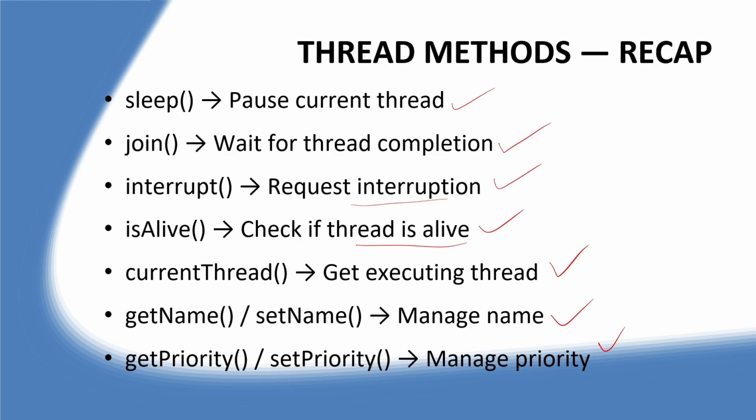Now we know how to create threads, understand their life cycle, and control their behavior using important thread methods. But multiple threads introduce a much more dangerous problem. Imagine two threads reading and modifying the exact same variable at almost the same time.